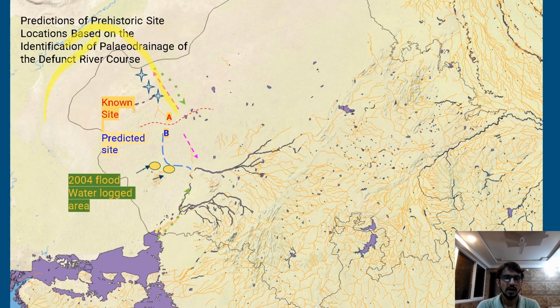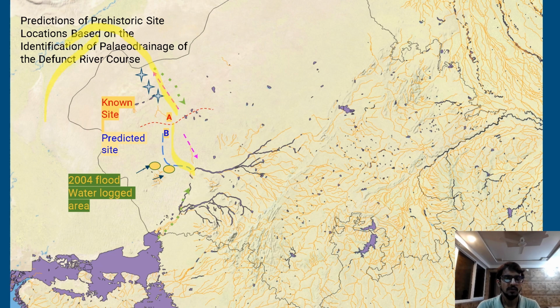The second possibility was that it was joining the Luni system. So then we focused on this aspect. We found that historically it has been recorded that the area was drained by channels which used to join the Luni system during the flood events in the 1970s and also in 2004.